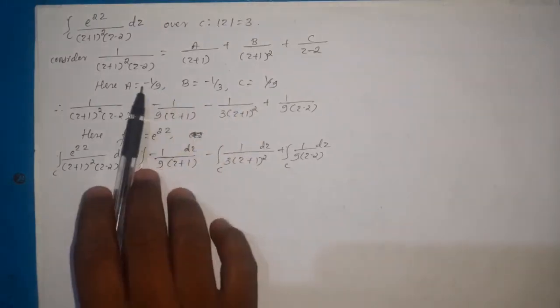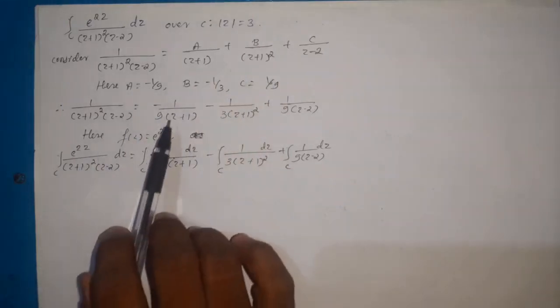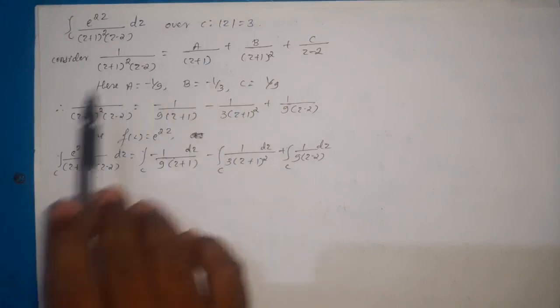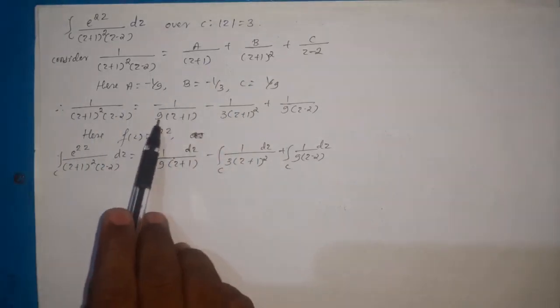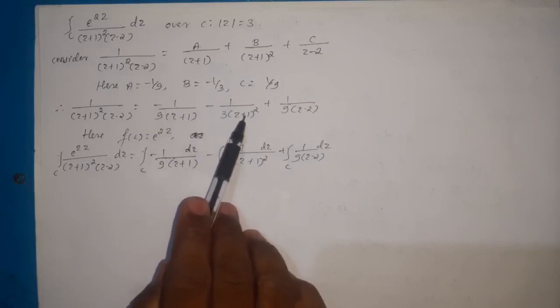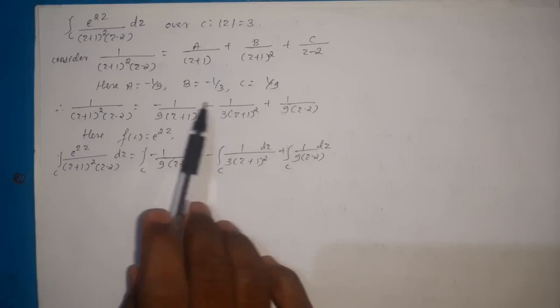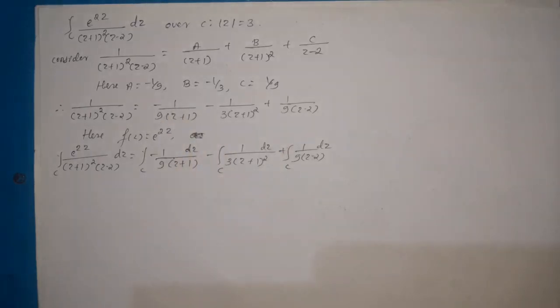Now substituting the values of a, b and c, the expression becomes minus 1 divided by 9 into (z plus 1), minus 1 by 3 into (z plus 1) whole square, plus 1 by 9 into (z minus 2).